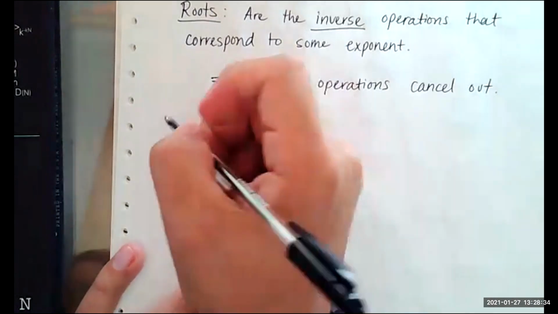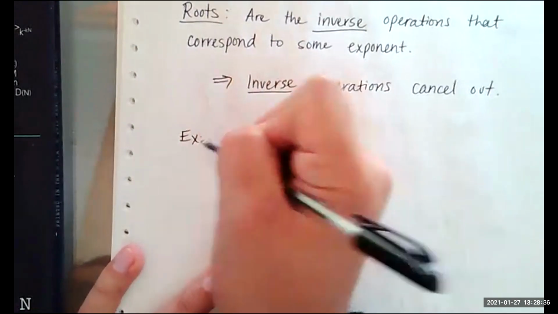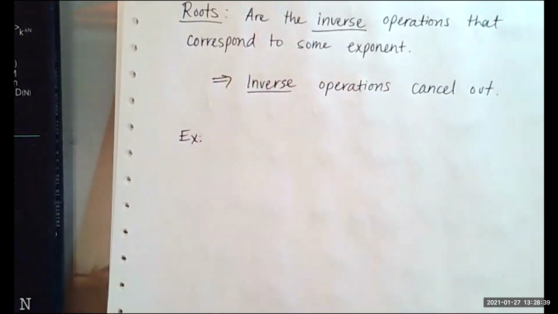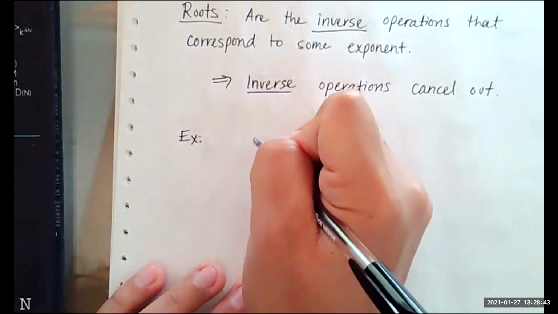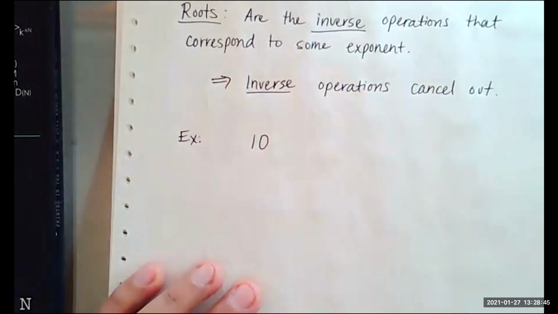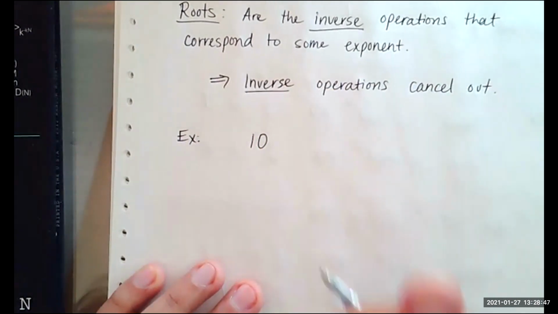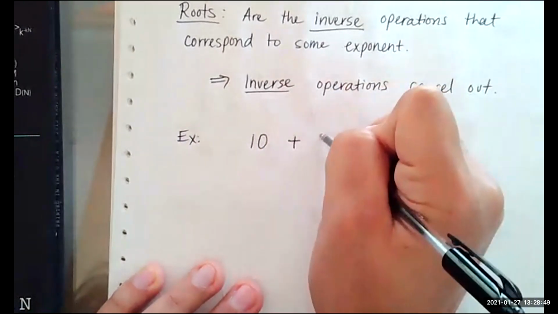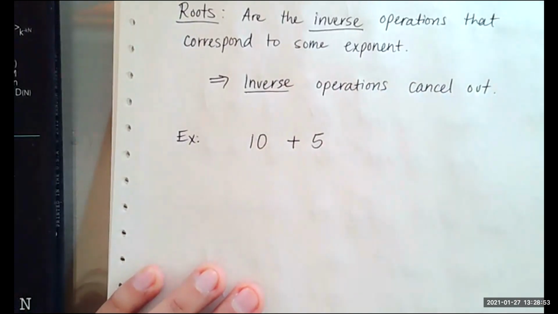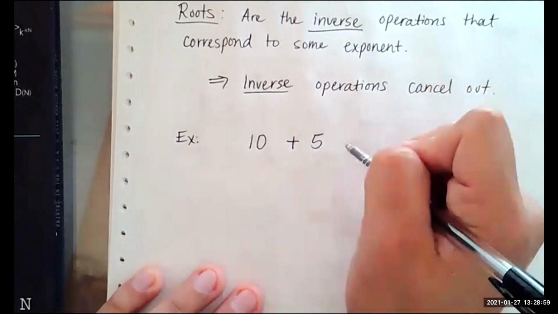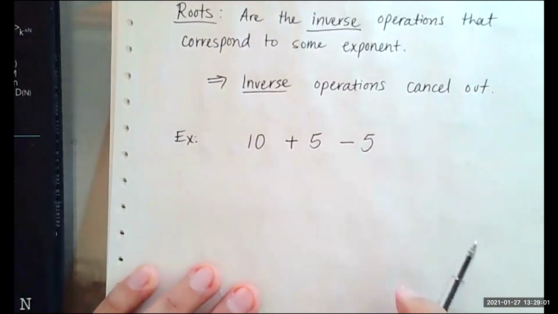Let's take an easy example of this idea of inverses: addition. If I had $10, and then I added $5 to that, let's say I found a $5 bill on the floor, and then I bought a Starbucks coffee, and I said keep the change, and that coffee was $5, and I spent that $5.